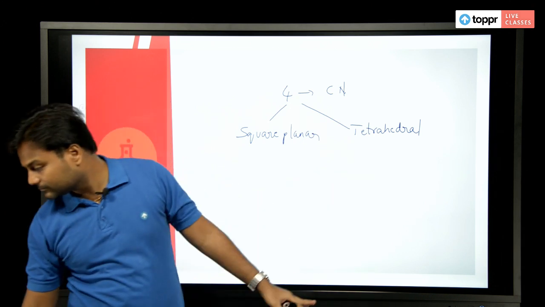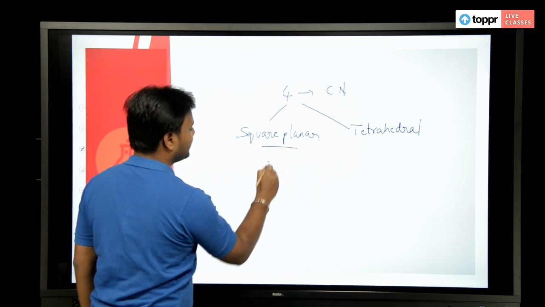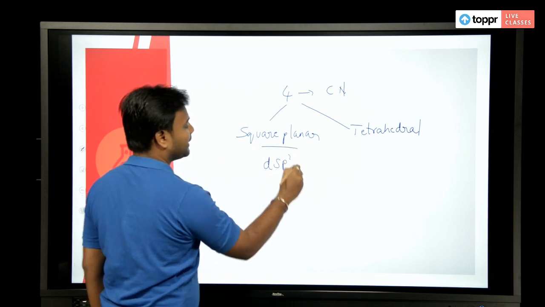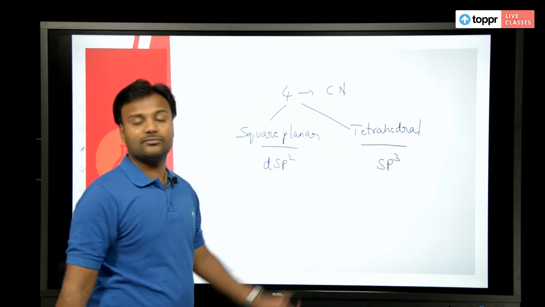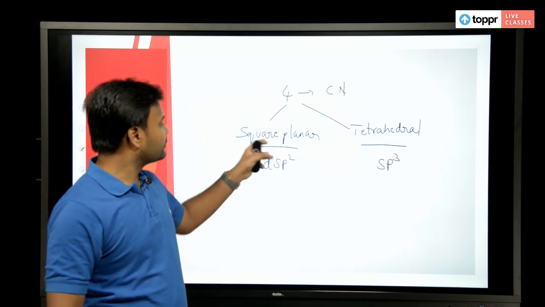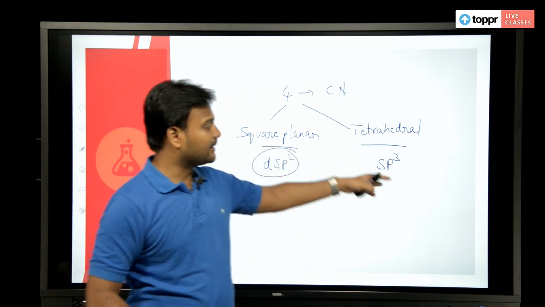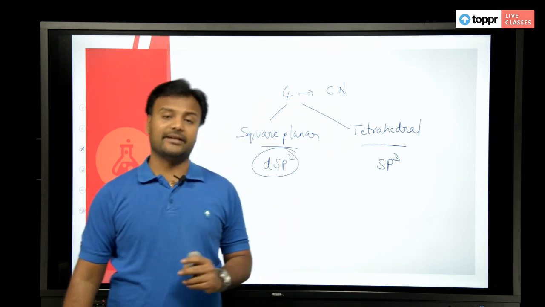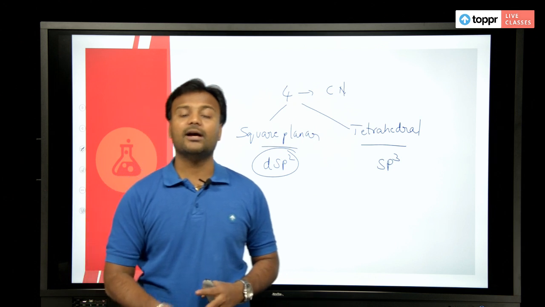Got it? Very good. If it is square planar, it is dsp2 hybridization, here it is sp3 hybridization. This is one thing which you have to remember. Square planar has dsp2 hybridization and tetrahedral will have sp3 hybridization. So based upon this you can find out the geometries.